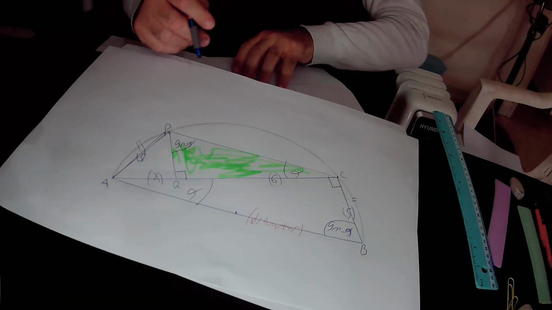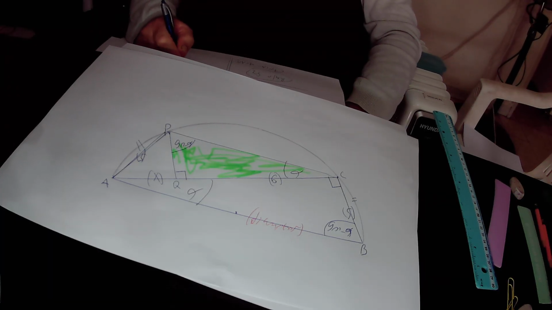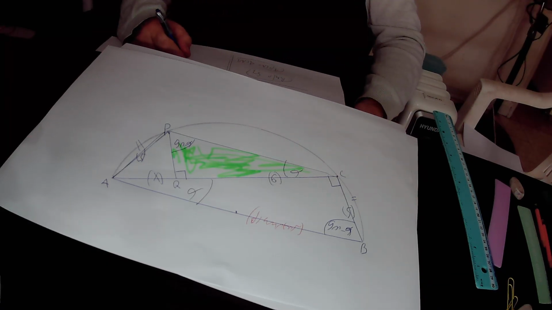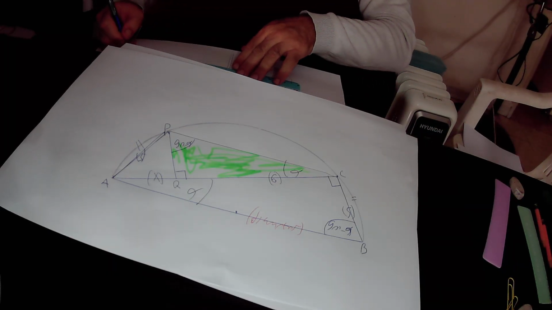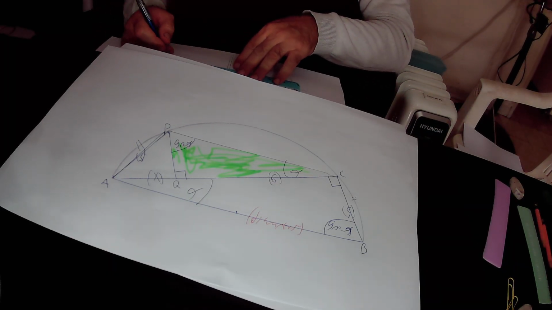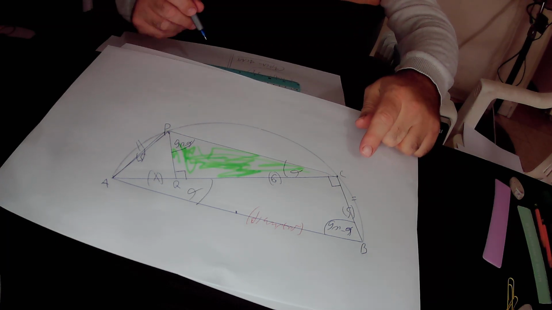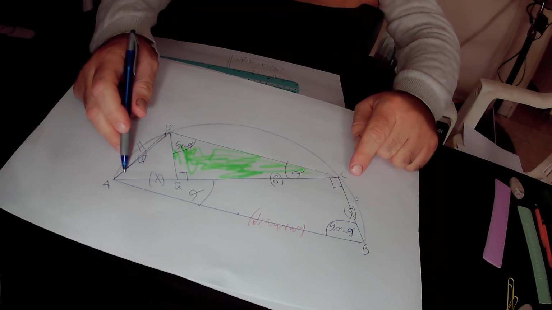PQ is the missing side, so we leave it as it is. CB is 5, and it is equal to QC, which is 6, over AC. AC in total equals x plus 6.